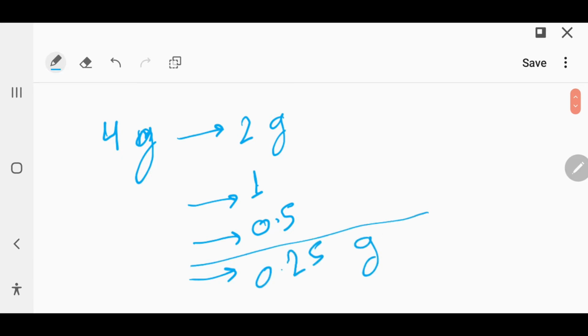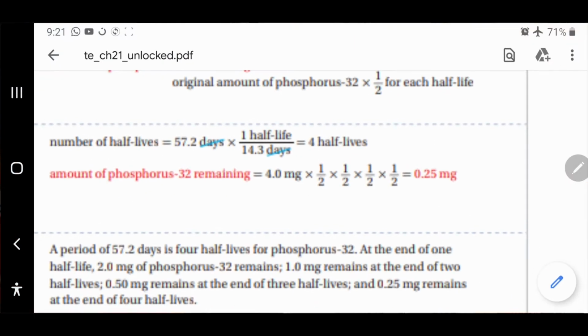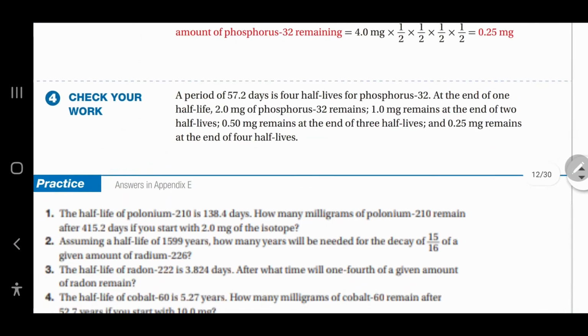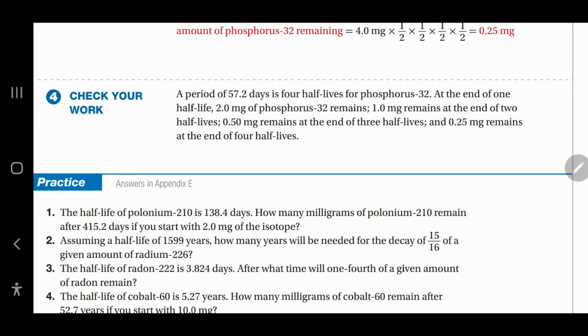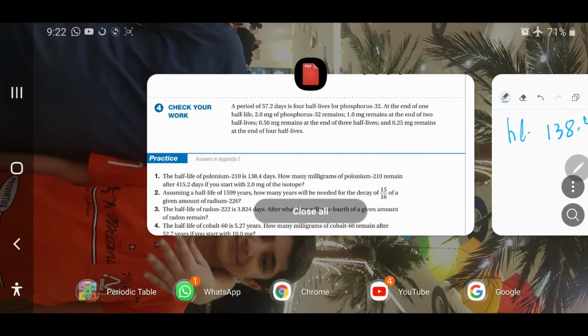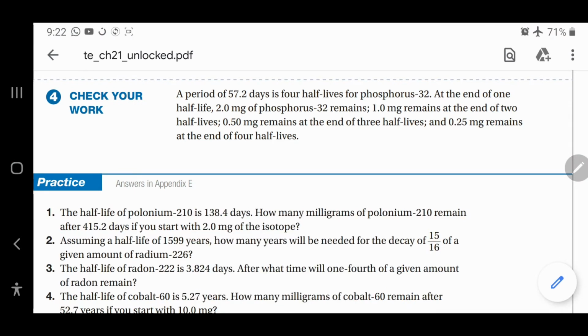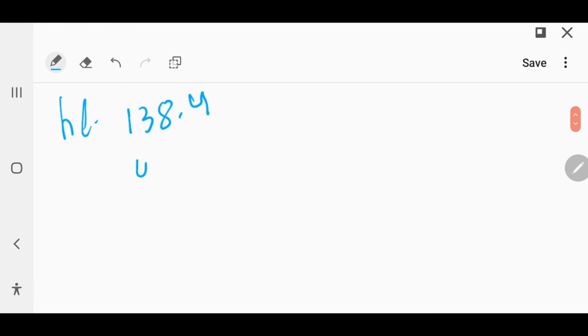Another example, let's talk about this example here. The half-life of polonium 210 is 138.4 days. How many milligrams of polonium remain after 415.2 days if you start with 2 milligrams of this isotope?